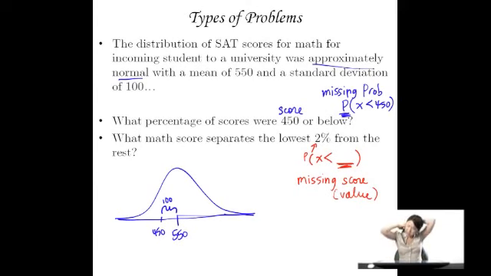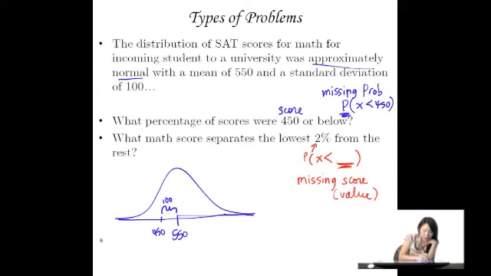So you could think of standard deviations as sort of new units of measurement, right? So before we knew about inches and centimeters, now we're interested in how far away things are in terms of standard deviations rather than inches or feet. So here, the standard deviation is 100.